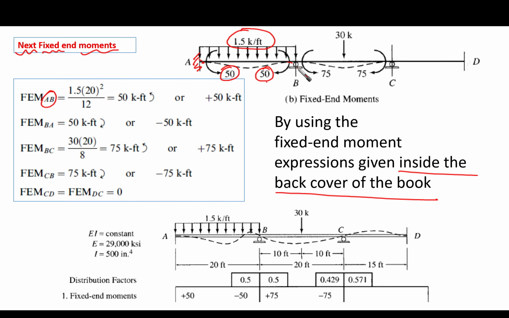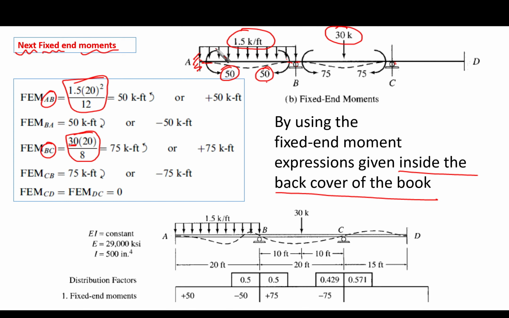Also for span BC, we have a concentrated load, so we can get the fixed end moments easily. For member BC, it is going to be PL over 8, if you remember. You can revisit it from the back cover. And for member AB, for distributed load, it is WL squared over 12, as you can see here. Now we are very skillful in fixed end moments.